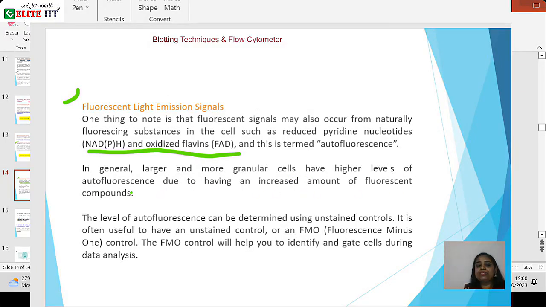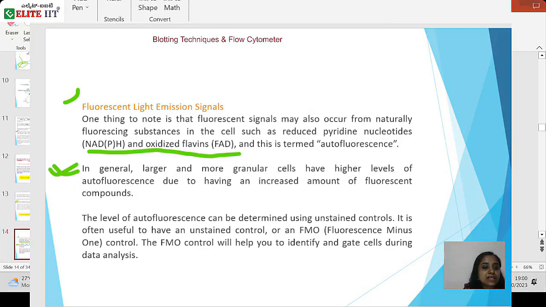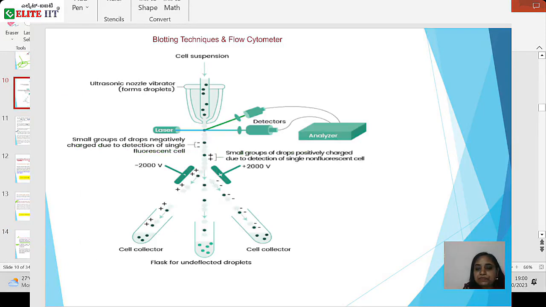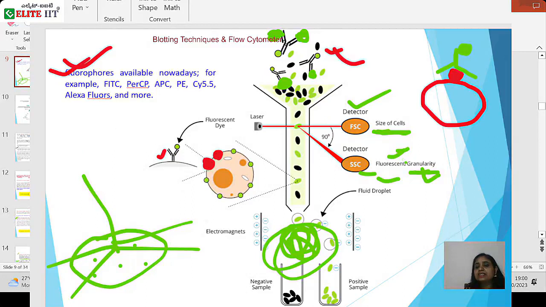amount of fluorescent compounds. In my previous slide, I think I told you, where I had given one picture, that side scattering gives you the granularity result as well as the fluorescence result.